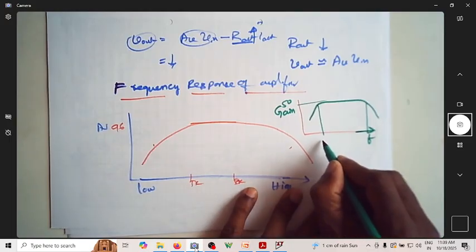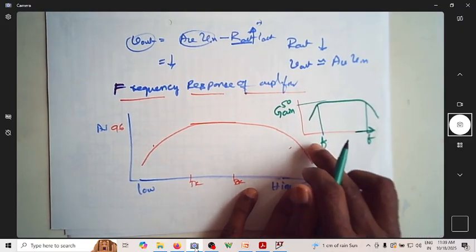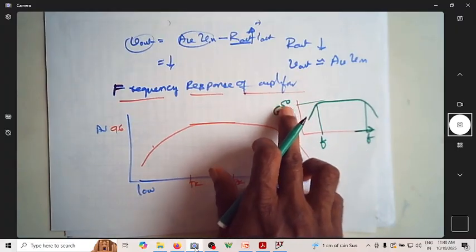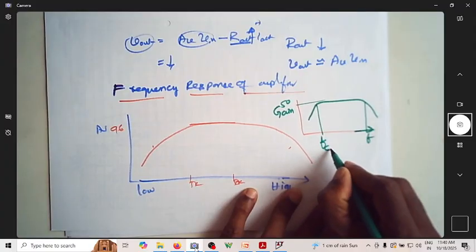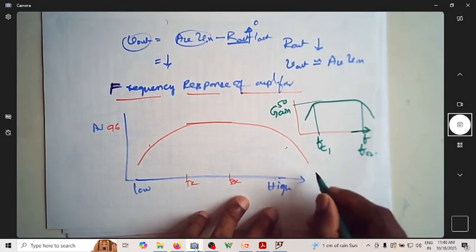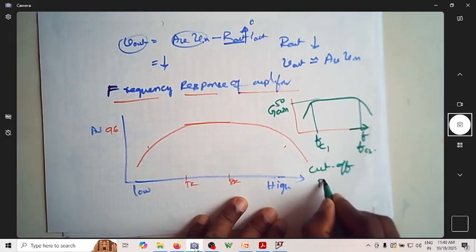So we need to specify the frequency range over which the gain of the amplifier is as intended. We call these FC1 and FC2. FC1 and FC2 are called cut-off frequencies.